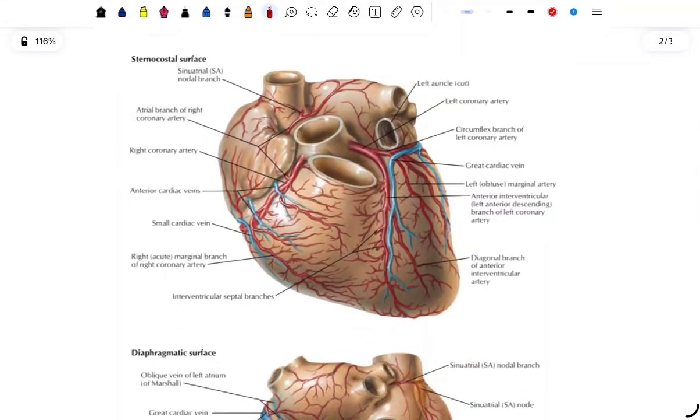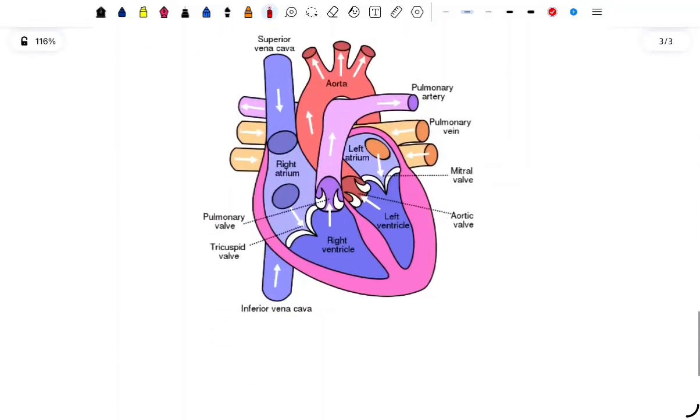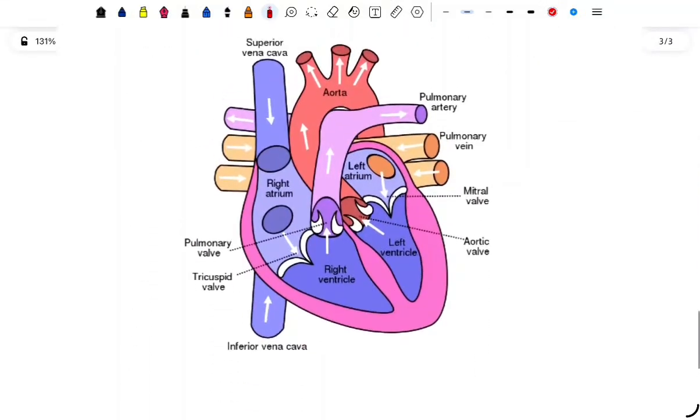Now, the blood supply of the heart. So how does the heart get blood? First of all, we can notice on the figure that the heart has four chambers.